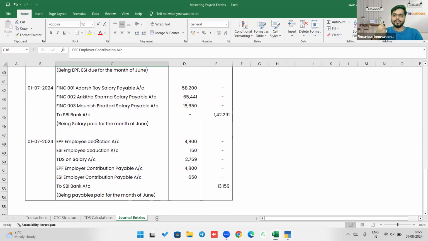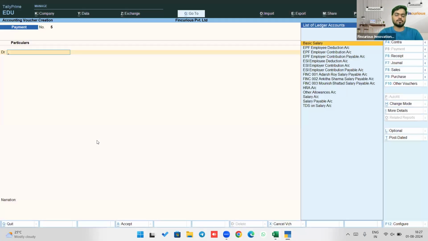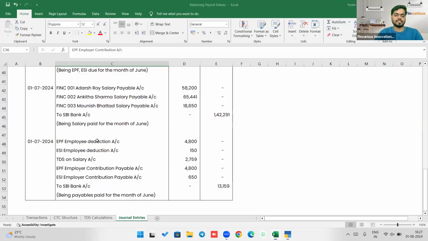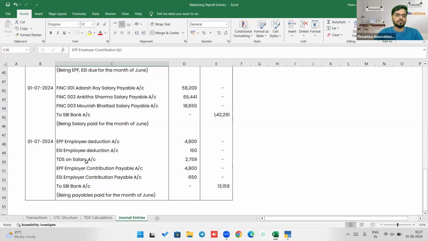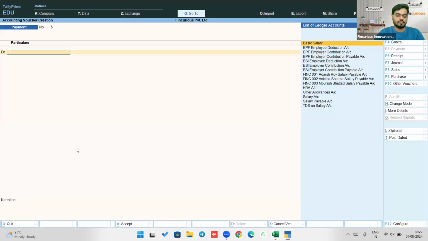On or before the due dates, we are going to pay the amounts to the government. On 1st July only, we need to pay this payment entry, because in the transaction, they are telling us to pass the entries. So now we are assuming that they have paid everything on 1st of July itself and debiting it on the 1st of July. So what are the payable entries?